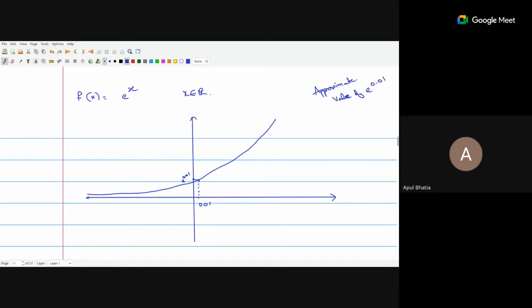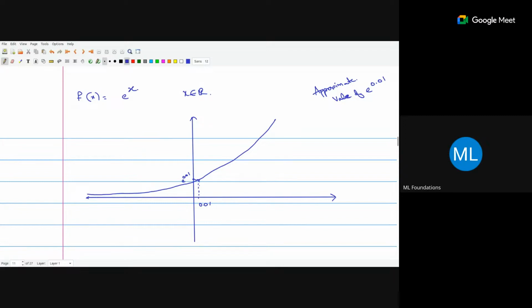So around, it says something else also. See, around 0 means you will use linear approximation on the function e to the power x, and you find the linear approximation function L of x at x equals 0, and you just substitute 0.01 in L of x. So that is what that means. But the crude meaning is, we want you to give us the approximate value of e to the power 0.01.